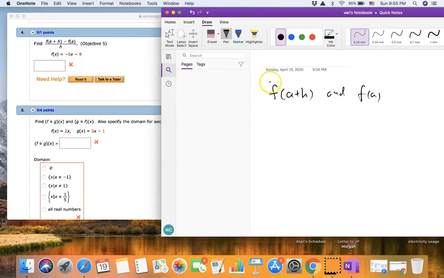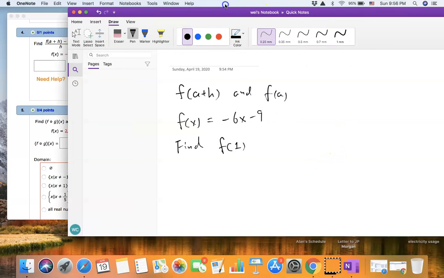Now, to do this, it's just like how we evaluate a function. Say, if we are given function f(x) equals negative 6x minus 9, and if we are asked to find what is f of 1, how do we do this?